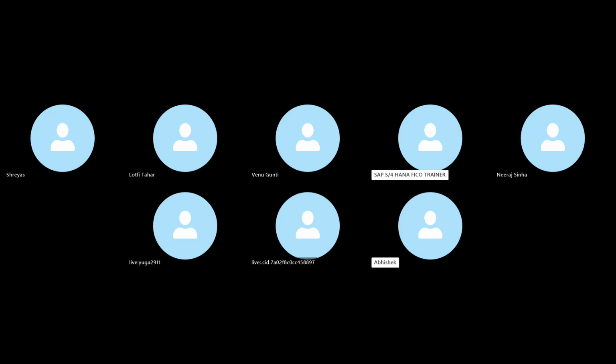Whatever testing we will do, we will mention in the test script those steps. What is the difference between test scenario and test scripts?